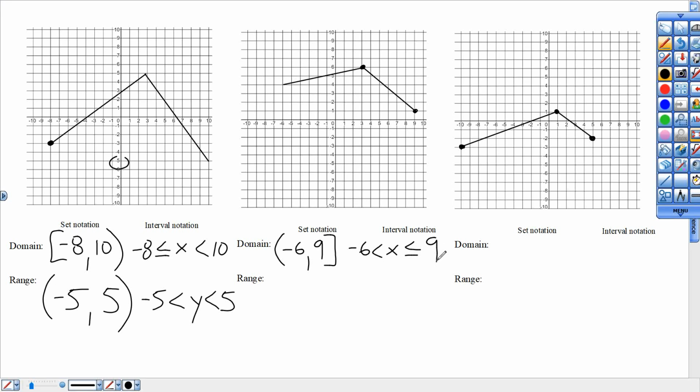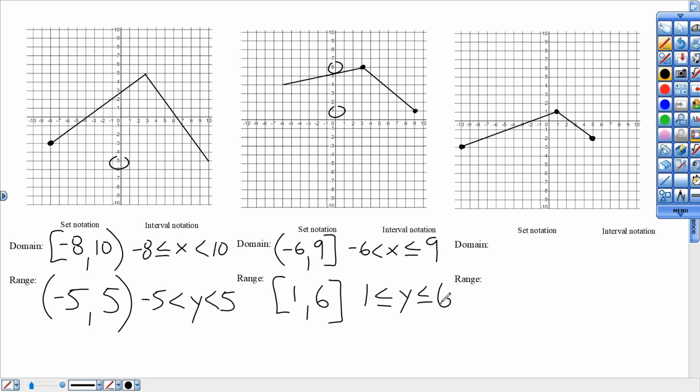My range slices through 1 on the y-axis. That's going to be a square bracket because of that dot. +1 up to 6 on the y-axis. Another square bracket because of that dot. Describing that, 1 less than or equal to, because of that square bracket, y less than or equal to 6. Again, building those reps.